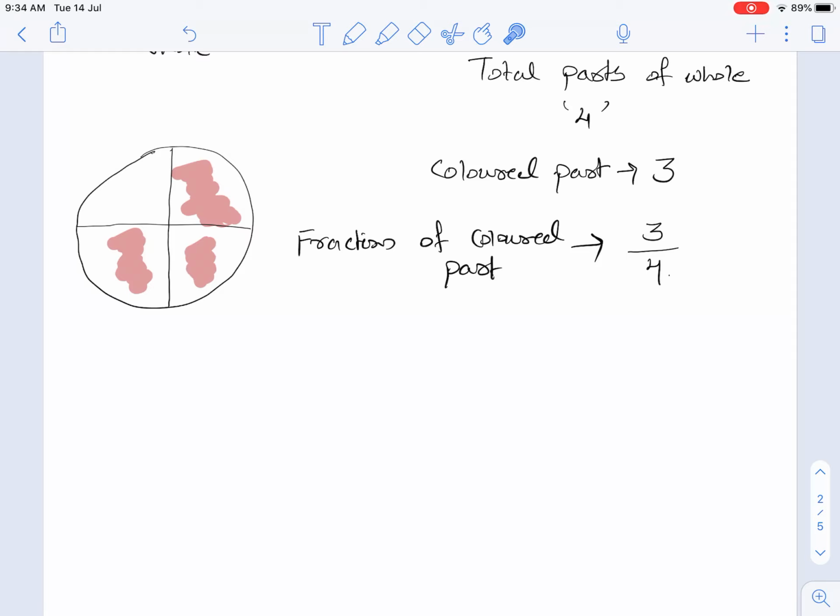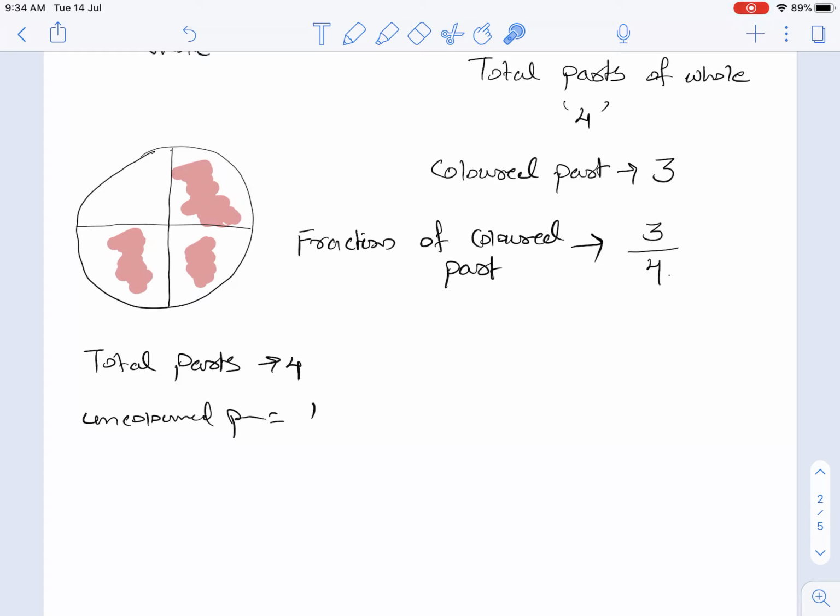Step by step, let us write it. First we will write the total parts. What are the total parts? That is 4. Uncolored parts, that is 1. It can be seen that only one part is not colored.